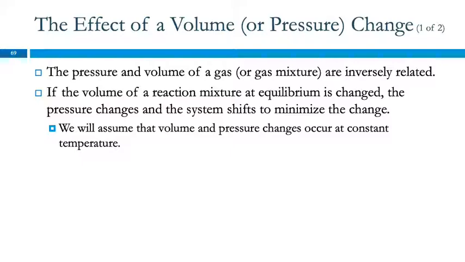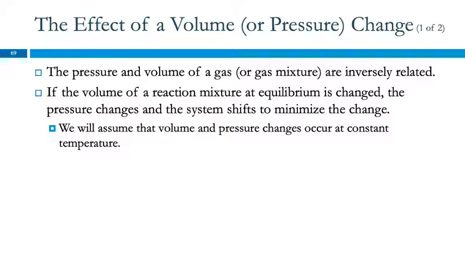Well, what about other things changing? If we have a gas or a gas mixture, then pressure and volume might be significant. The pressure and volume of a gas are inversely related. If you increase the pressure, the volume goes down. You get the idea.